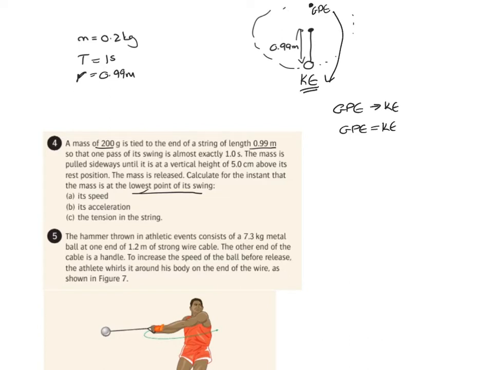It also tells us that the mass is pulled sideways until its vertical height is 5 centimeters above its rest position. So it gives us a hint as to the change in height. So what we have here is mgh is equal to half mv squared. We just cancel the m's out because it's the same thing. v is equal to the square root of 2gh.